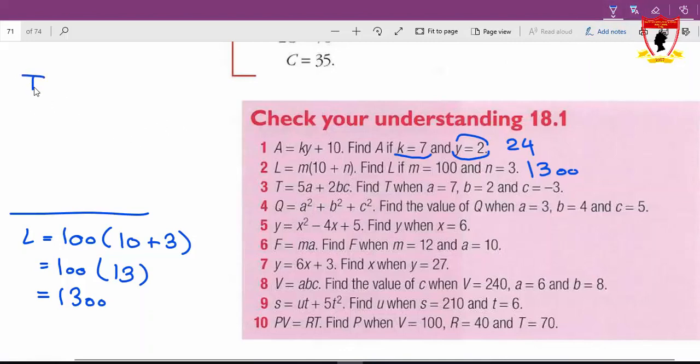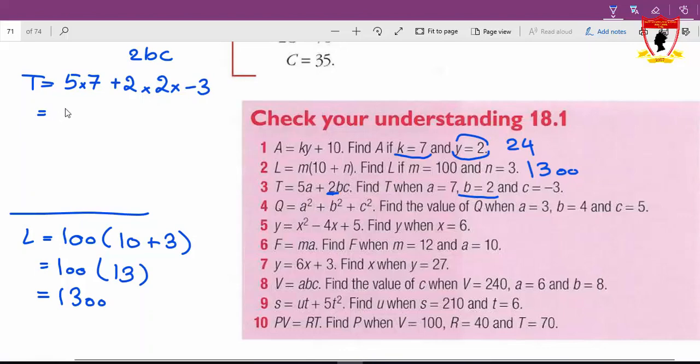Then we have T is equal to 5a, means 5 times a is 7, 5 times 7, plus 2bc means 2 times b is equal to 2, 2 times 2. This 2 is this 2 in the formula. 2b means 2 times b, and b is 2, 2 times 2. 2bc, then times negative 3. c is negative 3, and we have 2bc in the formula, means 2 times b times c, as we have.